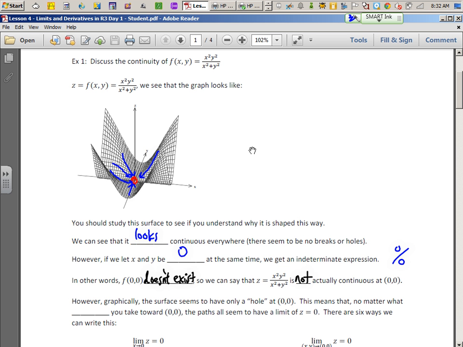But once you get to f of 0, 0, it's gone. So what we need to do is show that all paths lead to z equals 0. That's what we need to prove. No matter what path you take to 0, 0, all those paths seem to have a limit of 0. So path is the word that goes here.